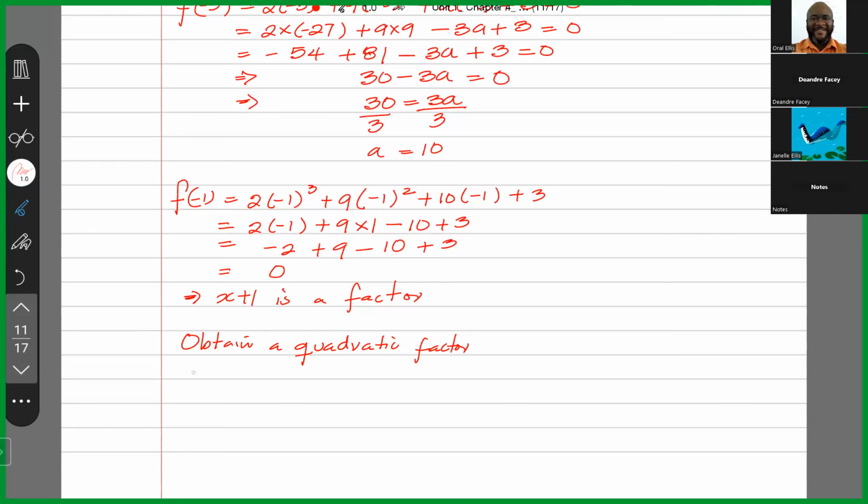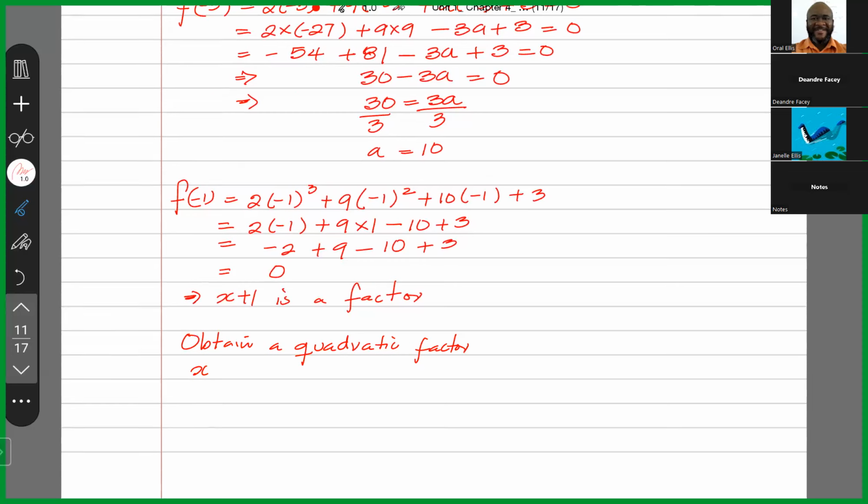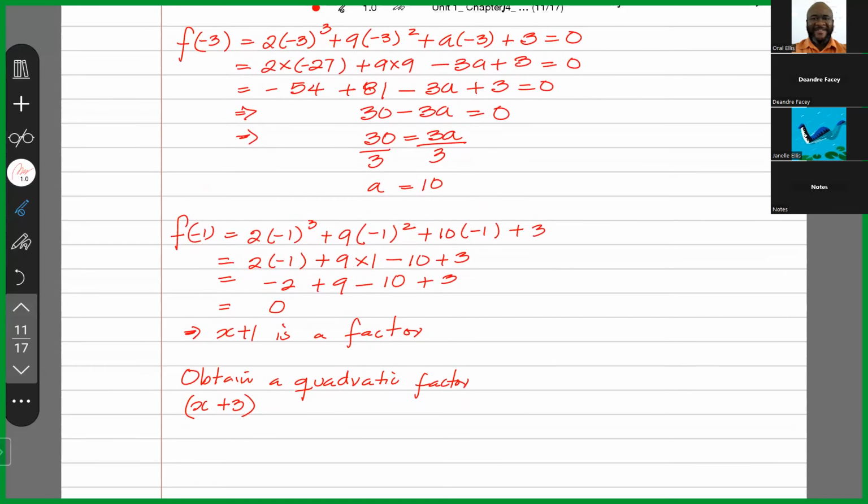We were told that x plus 3 is a factor, and we were asked to prove that x plus 1 is a factor. So x plus 3 and x plus 1 are 2 linear factors.